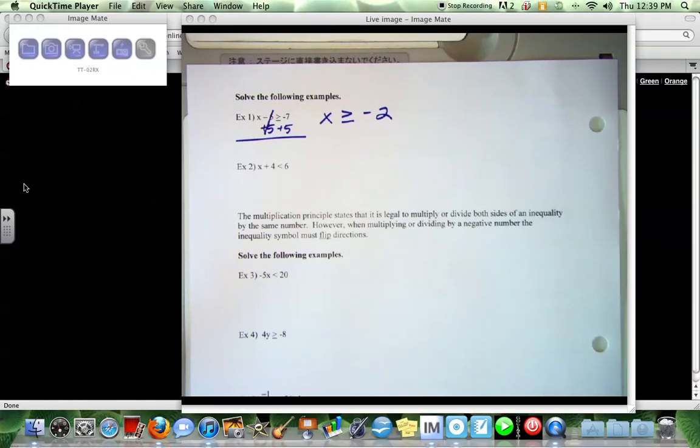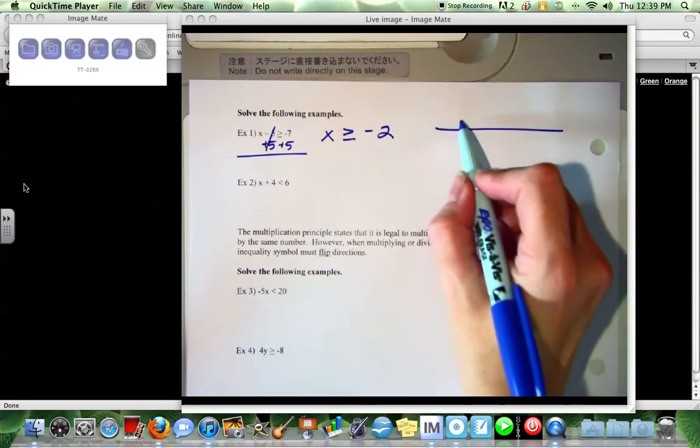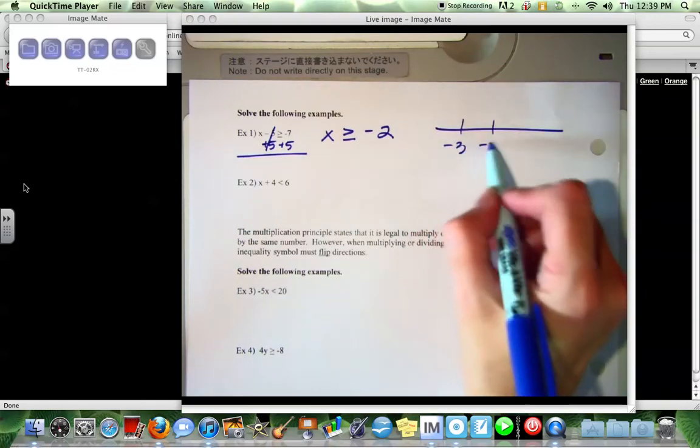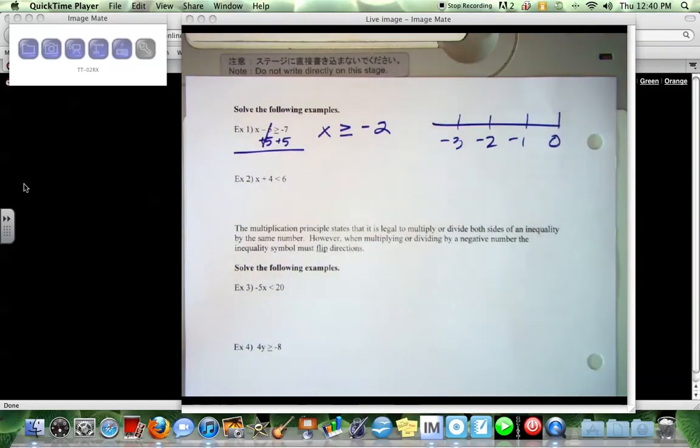So let's look at what that means on a number line. So we have, here's -3, -2, -1, 0. The solution to this problem is not one number like it's been with the equations, but the solution is several numbers.